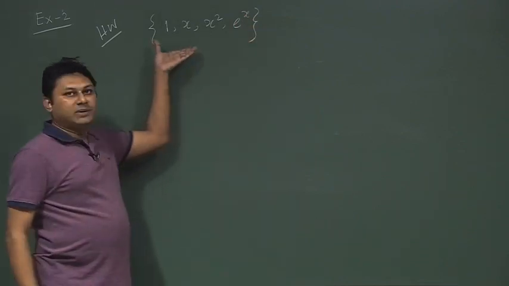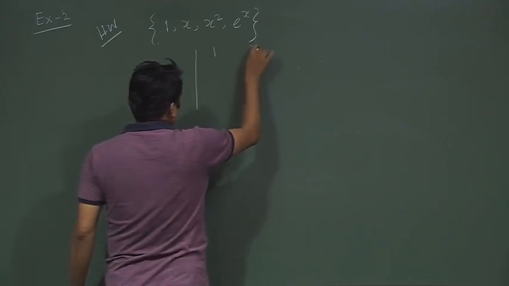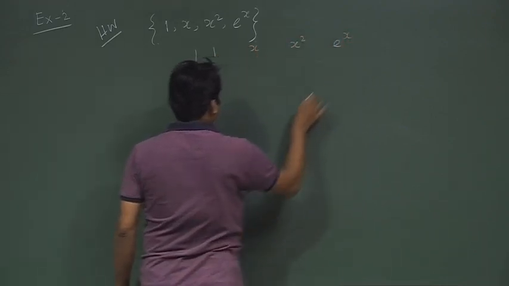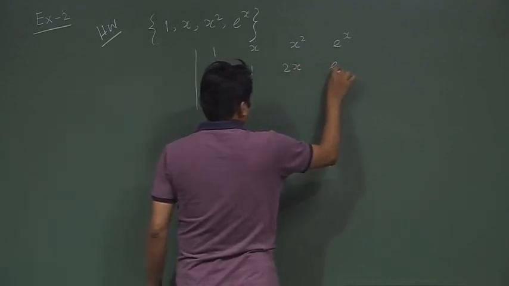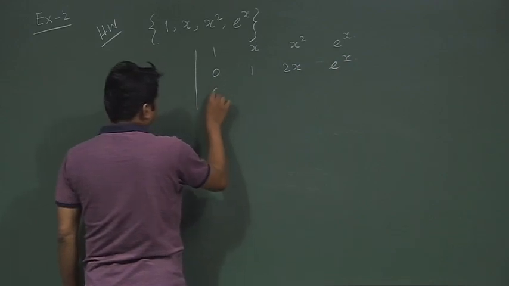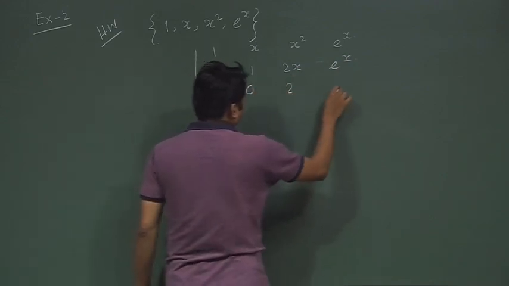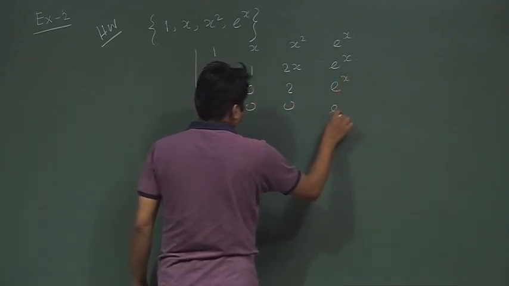The procedure will be the same. Let me help you a bit. You put 1, x square, e to the power x here, then the derivatives 0, 2x, e to the power x, then 0, 2, e to the power x, and 0, 0, e to the power x.